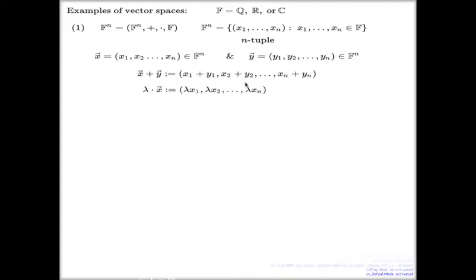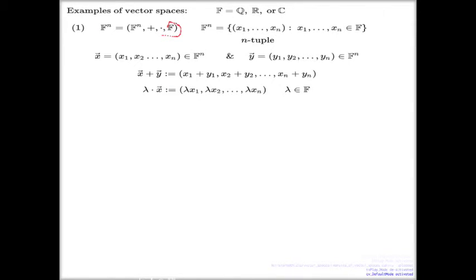The same story with the dot here, with the scaling. This is a scaling of vectors, which needs to be defined in order to call something a vector space. This dot is a regular multiplication between numbers. Lambda here is an element of my F, because I'm scaling with the F. Sometimes F is called the field of scalars.